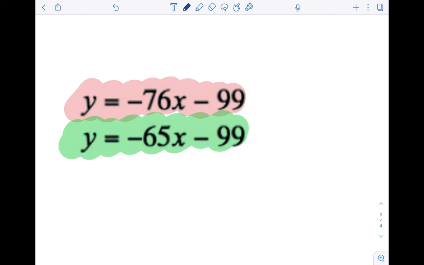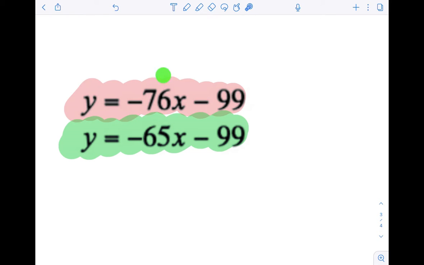So what I notice, everybody, on this pink and green is, check it out. This says y equals, and this says y equals. This y is equal to that y. Interesting. This equal is equal to that equal.